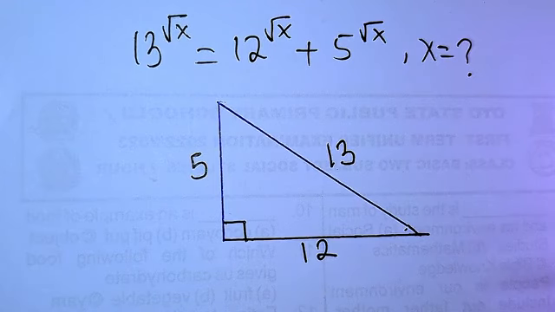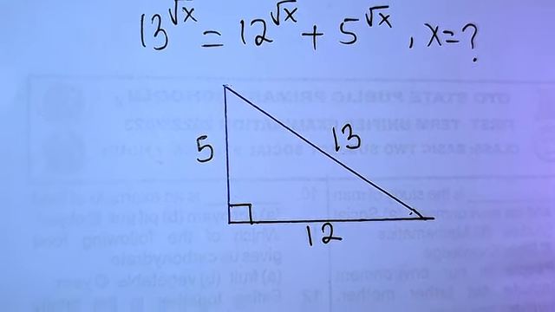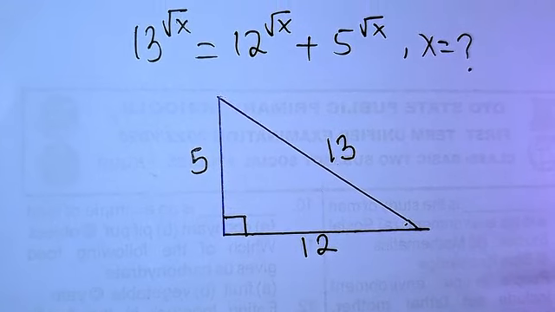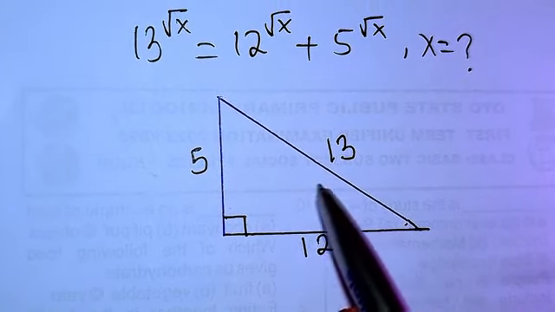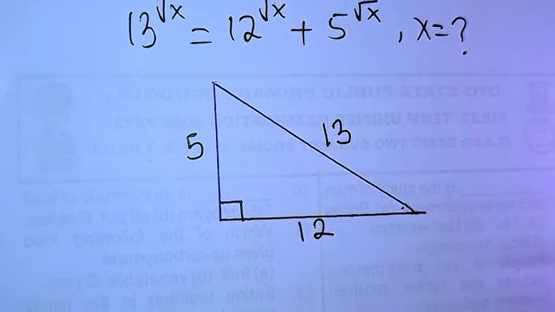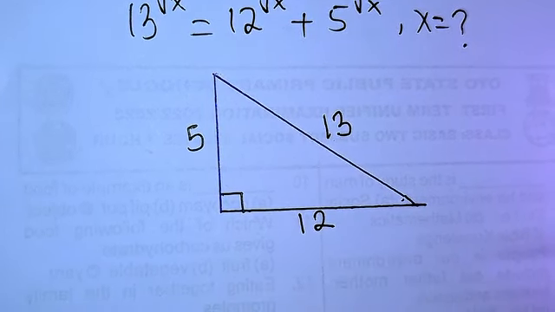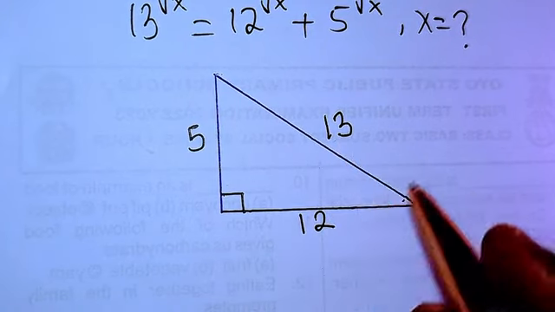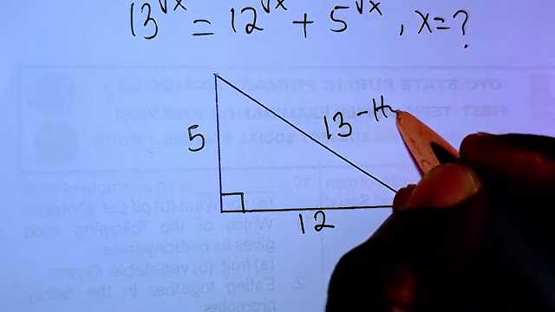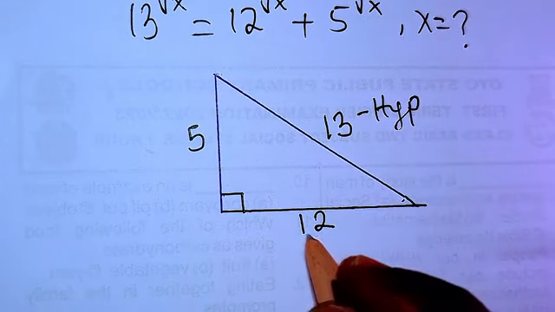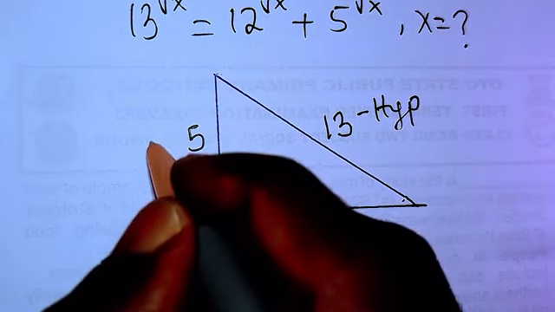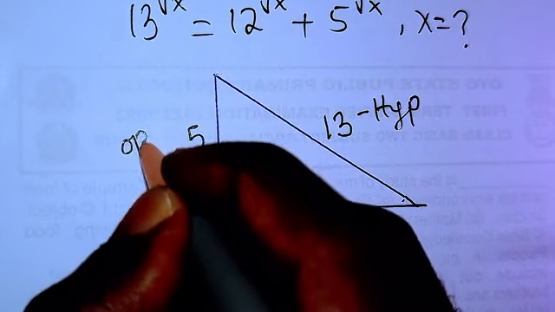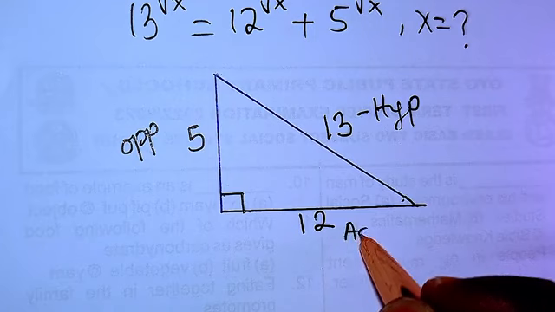From Pythagoras, if you want to relate these sides, we have a rule that states that the hypotenuse squared, which is this 13, this is the hypotenuse, this is opposite, while this is adjacent.